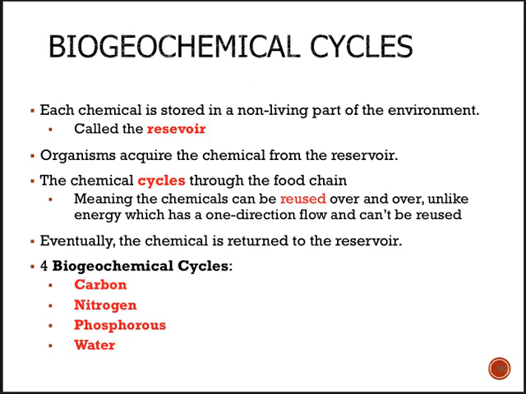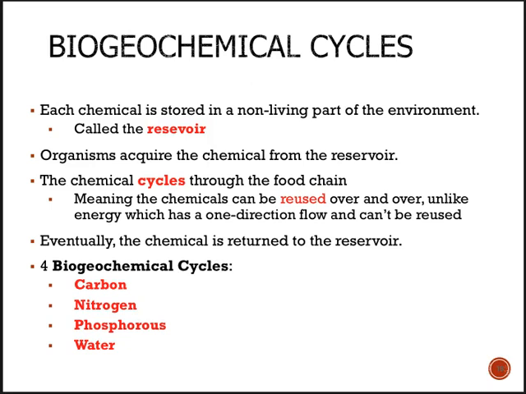All right. So as we go through these biogeochemical cycles, there's going to be some things that are in common to all of them. And that thing is called a reservoir. A reservoir is where you're going to find the chemicals that we're talking about, and you're going to find these chemicals in non-living parts of the environment.